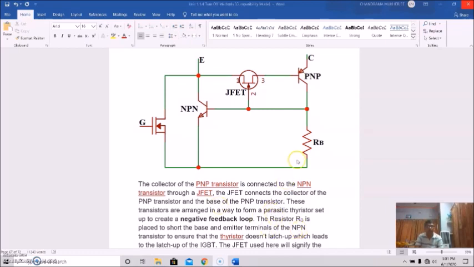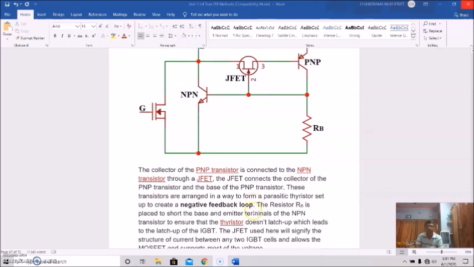The resistor RB, this one, is placed to short the base and emitter terminals of the NPN transistor, to ensure the thyristor does not latch up, which would lead to the latch up of the IGBT.